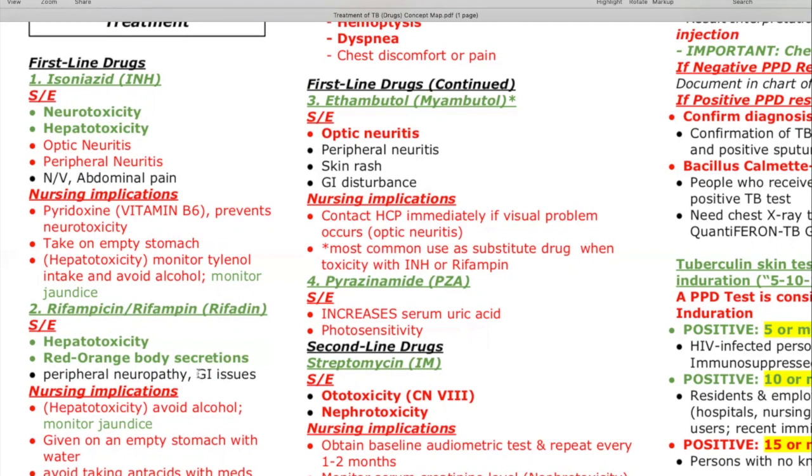Actually, I'm sorry, so 1 hour before a meal or 2 hours after a meal. For rifampin, we also have to remember for the patient to avoid taking antacids with the medication. And since it's hepatotoxic, we also have to monitor for jaundice.